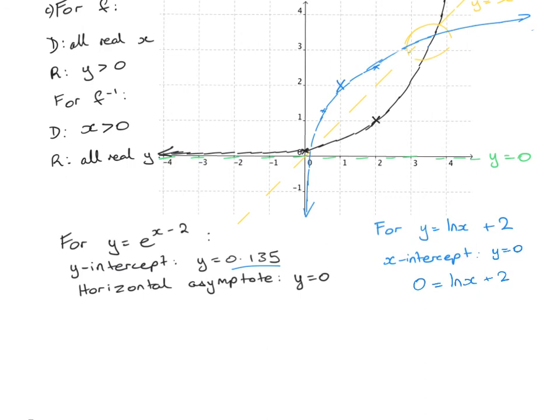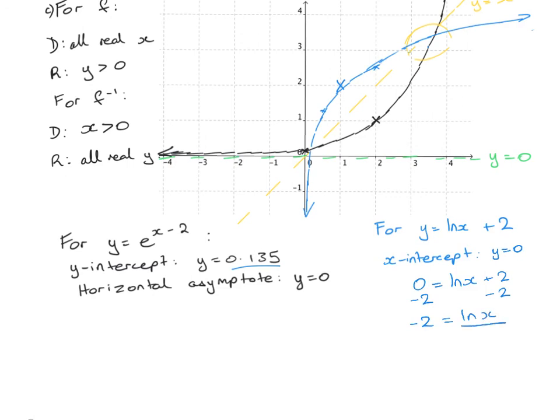Now, to solve it, you could actually use nsolve in your calculator, or to do it by hand, we would need to minus 2 on both sides, so we get negative 2 equals ln x.